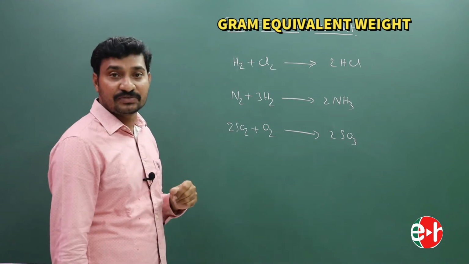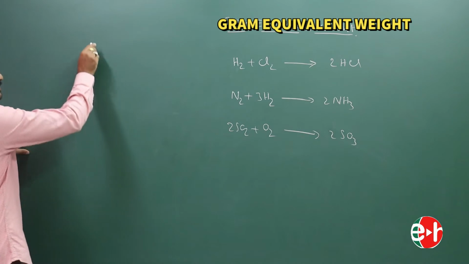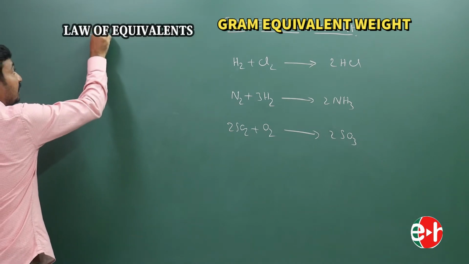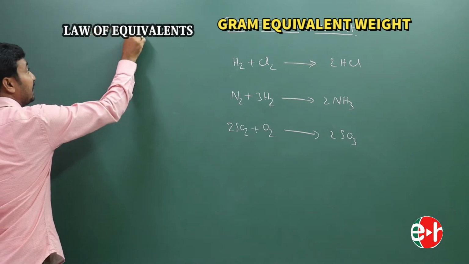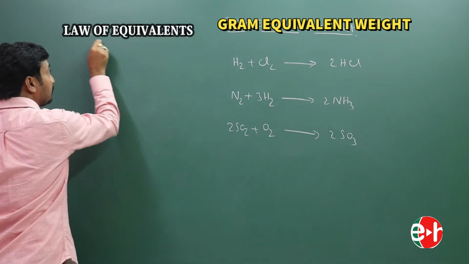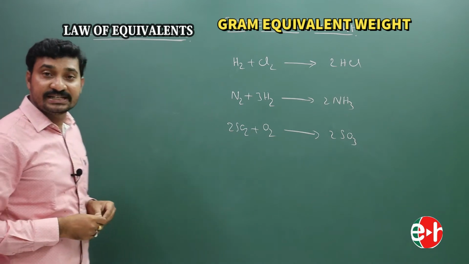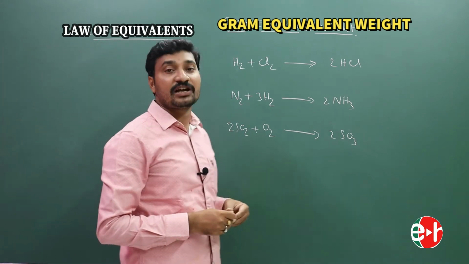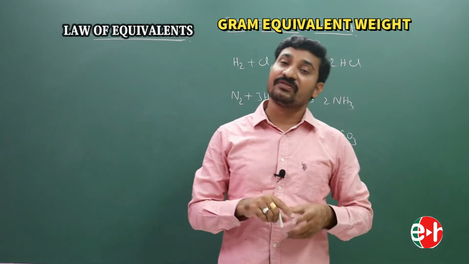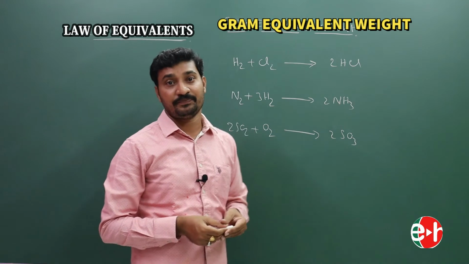But in terms of gram equivalence, according to the law of equivalence, 1 gram equivalent of any substance exactly combines with 1 gram equivalent of another substance. Here, substance is nothing but a reactant.